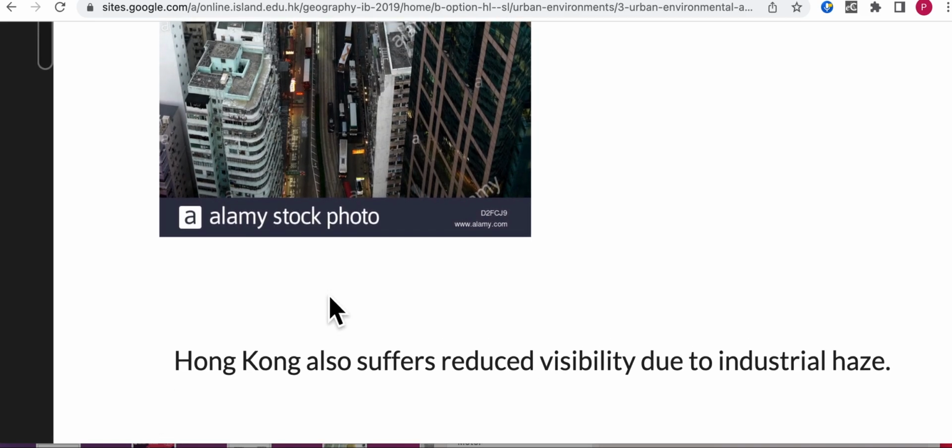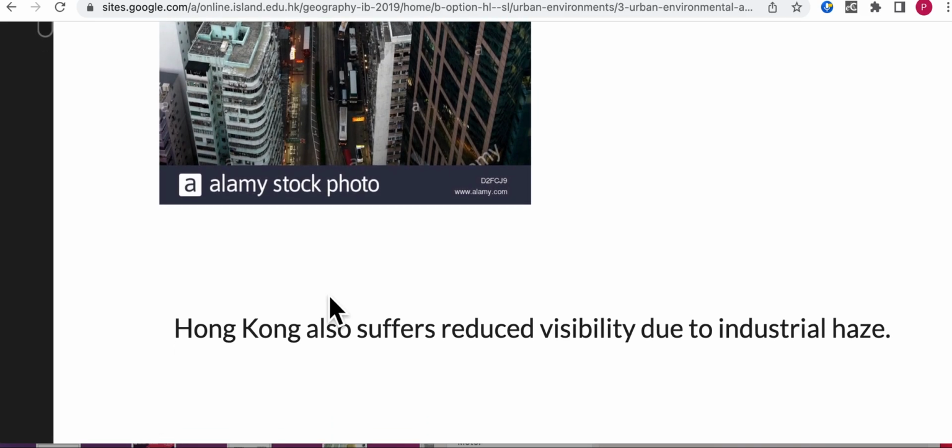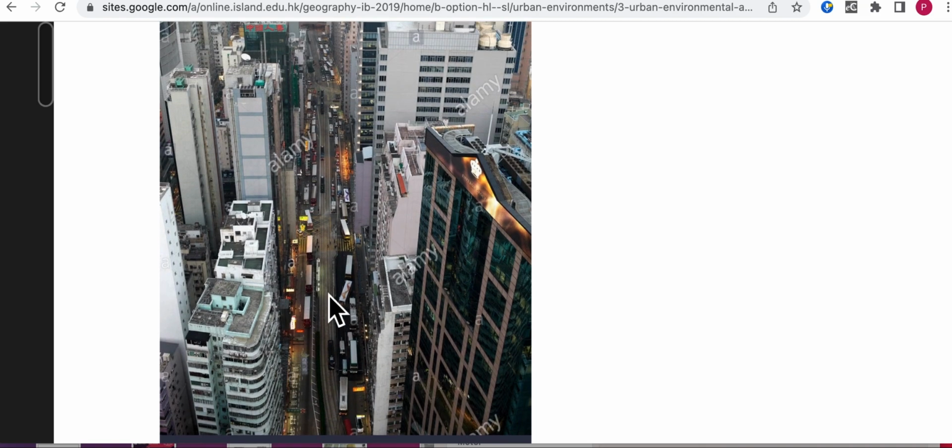So in this video, we've looked at this idea of urban canyons. We dug down into a little bit of the complexity: how at a microclimate level it can affect things like wind circulation, albedo, and the amount of sunshine that gets down to the street level.